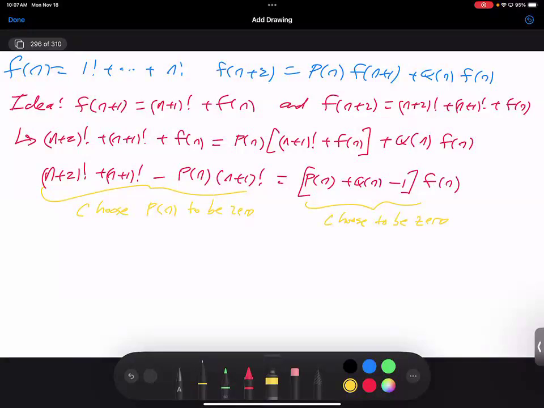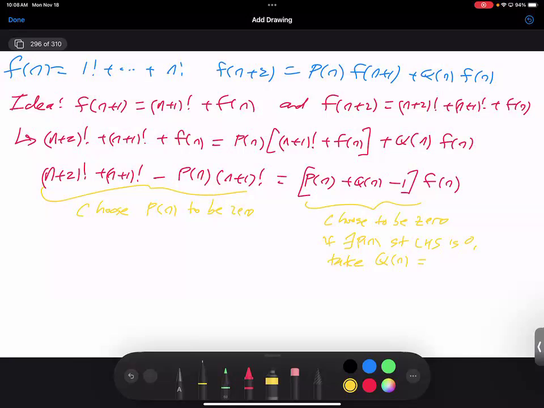And in fact, that won't be that bad because if there is such a Pn, what would Qn be? So if there exists a Pn such that the left-hand side is 0, what should we take Qn to be? What do we want the coefficient of Fn to be? 0.